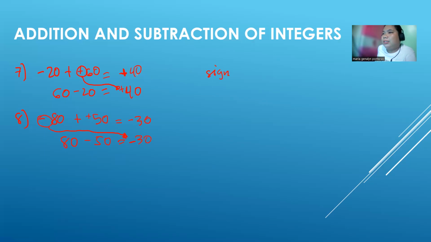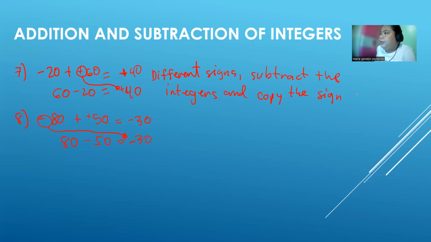Different signs, subtract the integers and copy the sign of the integer with higher absolute value.